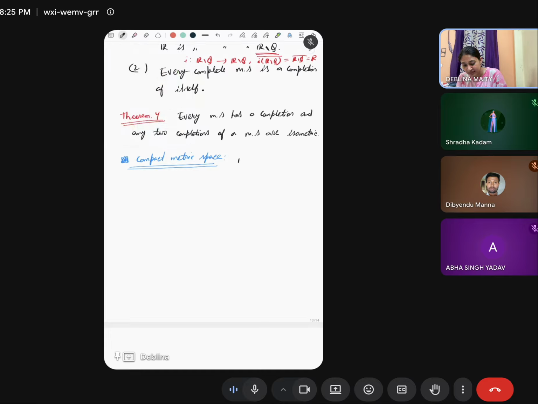A metric space X is said to be compact if every open cover of X has a finite subcover. Okay, this is the general definition.